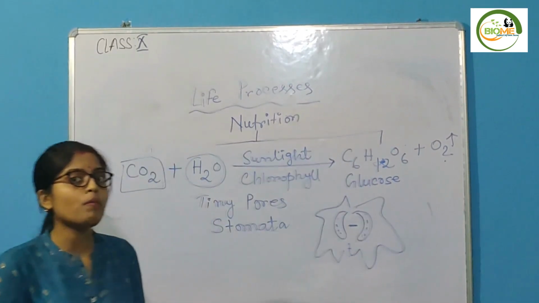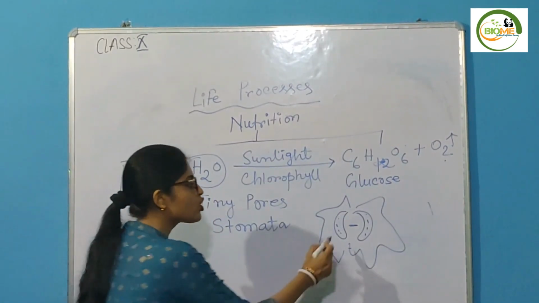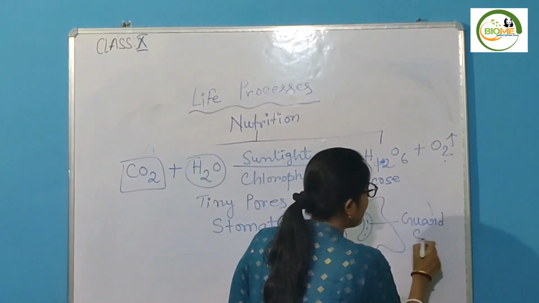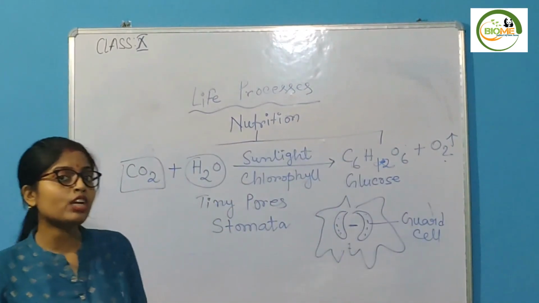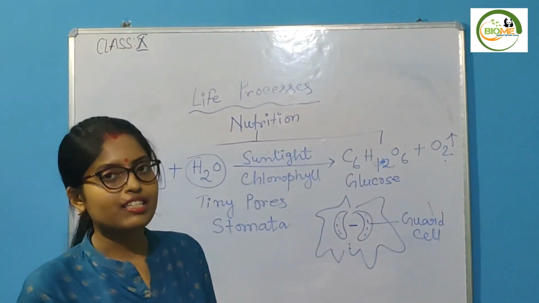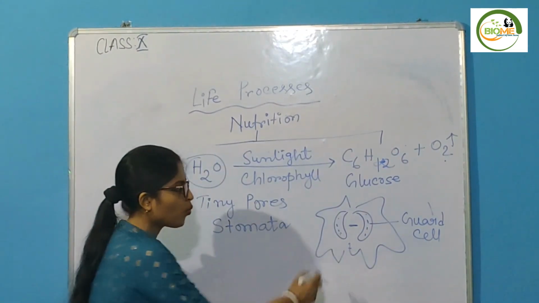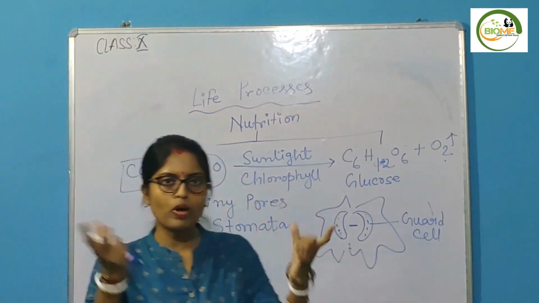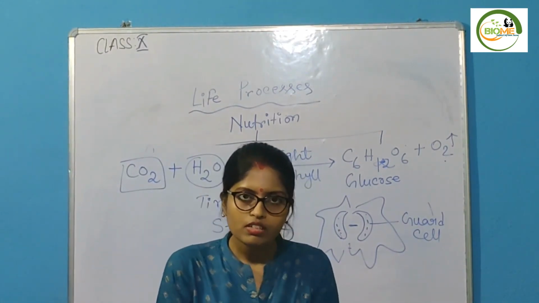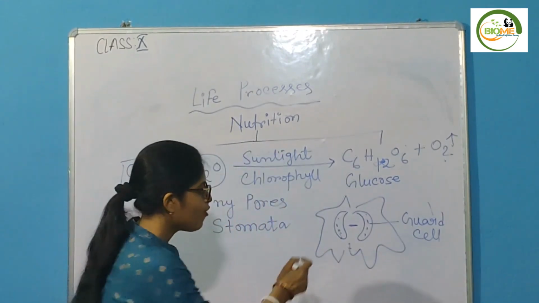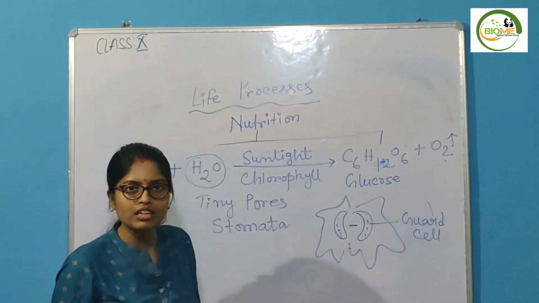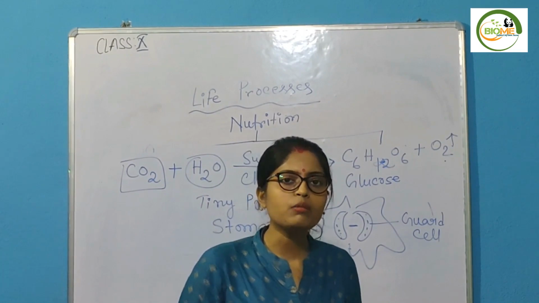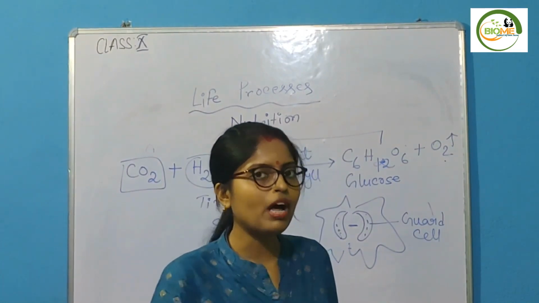The stomata is guarded by guard cells, so the opening and closing of the stomata is controlled by the guard cells. When an adequate amount of water is in the guard cell, it swells up and opens; when water is removed from the guard cell, it shrinks and closes. In this way they help in gaseous exchange in the plant body.